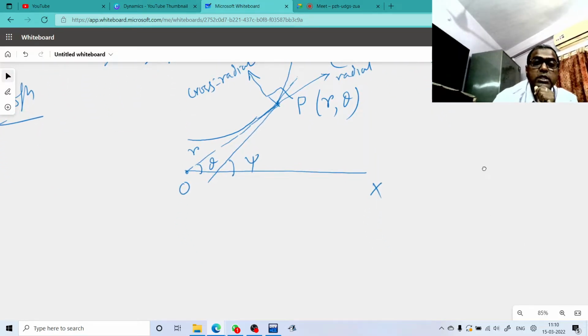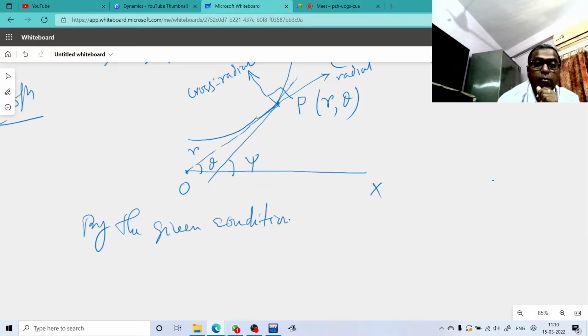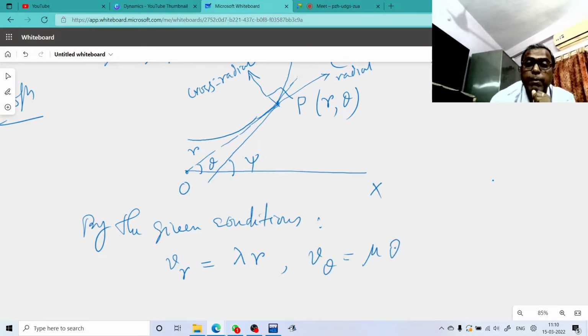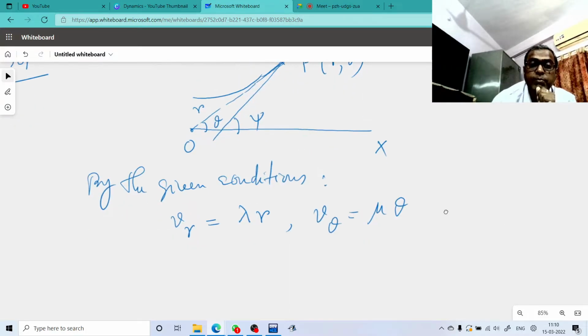By the given conditions, we have Vr, the radial component of the velocity, equal to λr, and Vθ, the cross radial component of the velocity, equal to μθ. It is given.